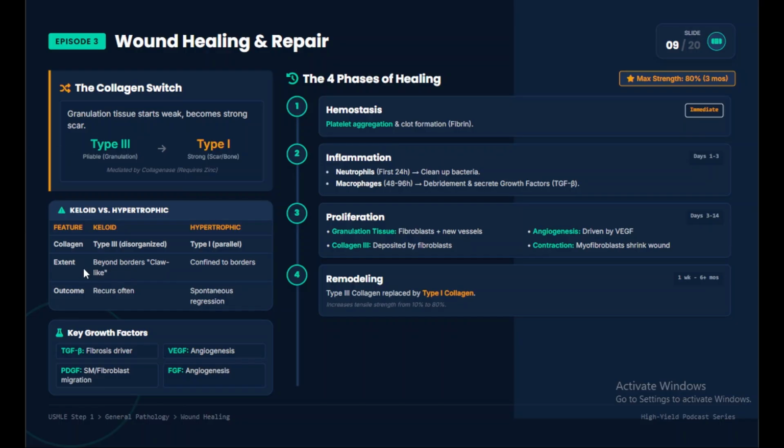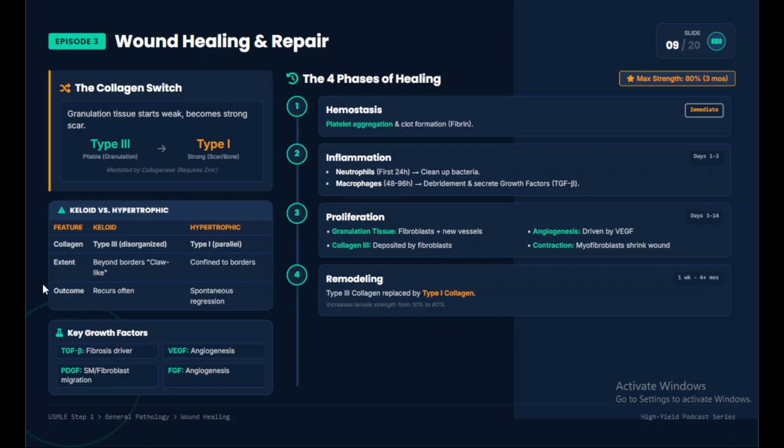The outcome is that keloid recurs frequently. Even if you resect it, there's a high chance that it may recur. But hypertrophic scar undergoes spontaneous regression. So if the scar is huge, climbing beyond the wound, think keloid. If it is thick but stays within the border, think hypertrophic scar.